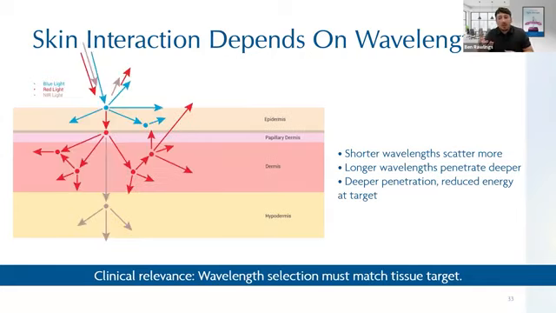What's actually happening is when we're applying light to the skin, light can do one of three things. It can scatter, it can absorb, or it can reflect. When we're using a high energy light, like the blue light, the frequency and the energetic value of that light is so high that it cannot penetrate into the skin, or not very far.